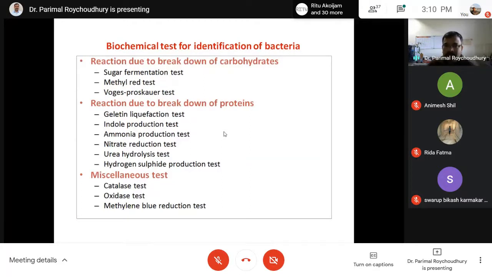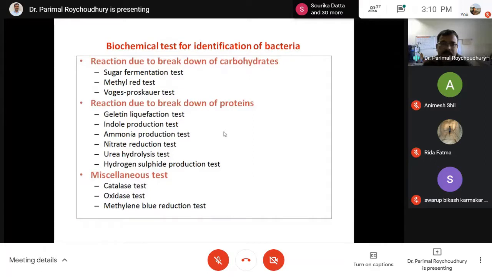But at the same time, we must understand the principle of these tests also, because at present we identify bacteria on the basis of this test system. So this will be the beginning of systematic bacteriology.